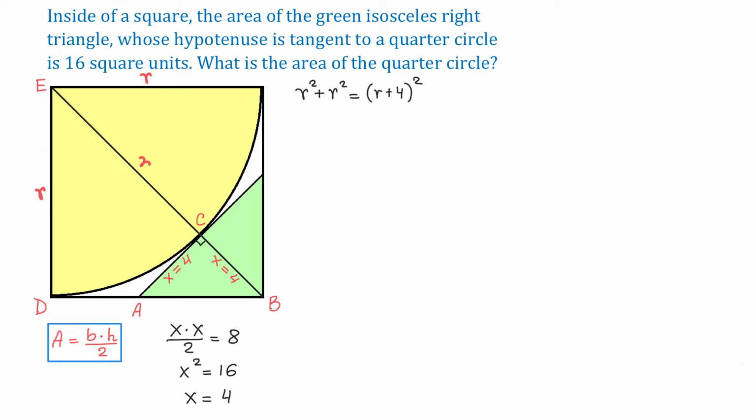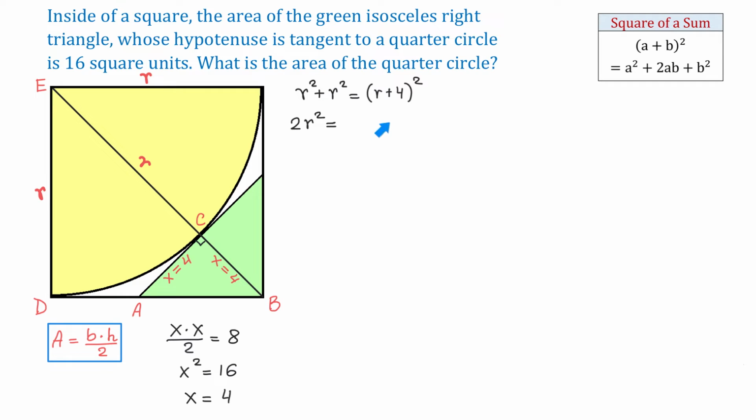On the left side, we will have 2r squared. Then to raise r plus 4 to the second power, we will use the formula for the square of a sum. In this formula, a plus b to the second power equals a squared plus 2ab plus b squared.